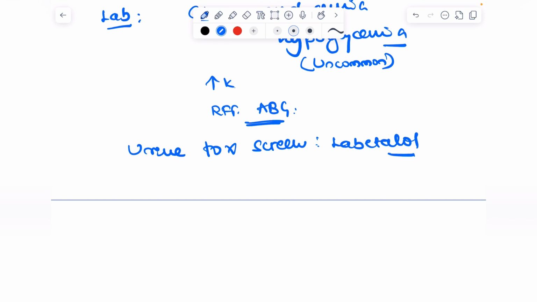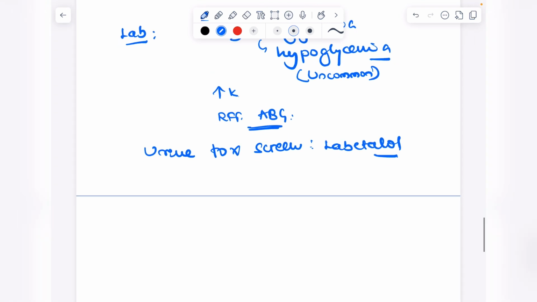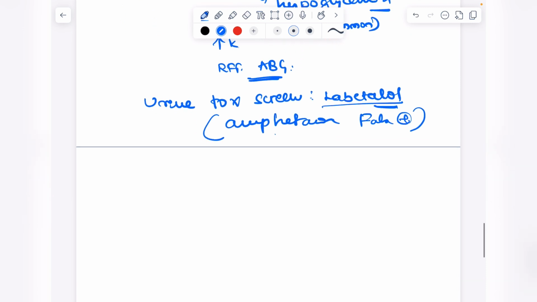So amphetamine may come positive on the urine tox screen when the patient has ingested labetalol in overdose. So this you have to remember: a false positive amphetamine because of the metabolite of labetalol. I thought this worth mentioning.